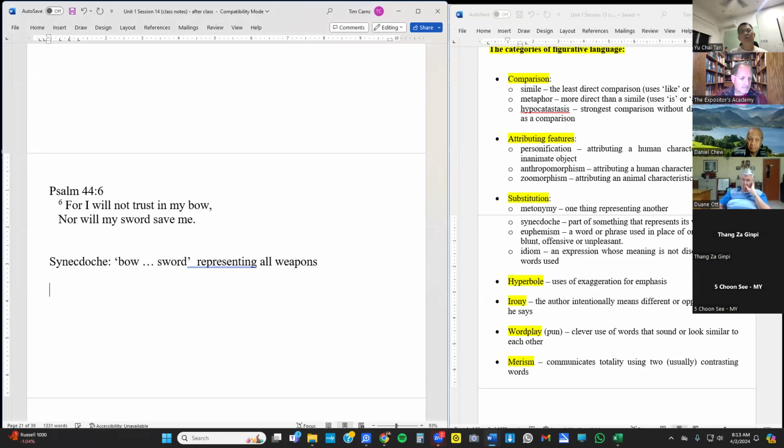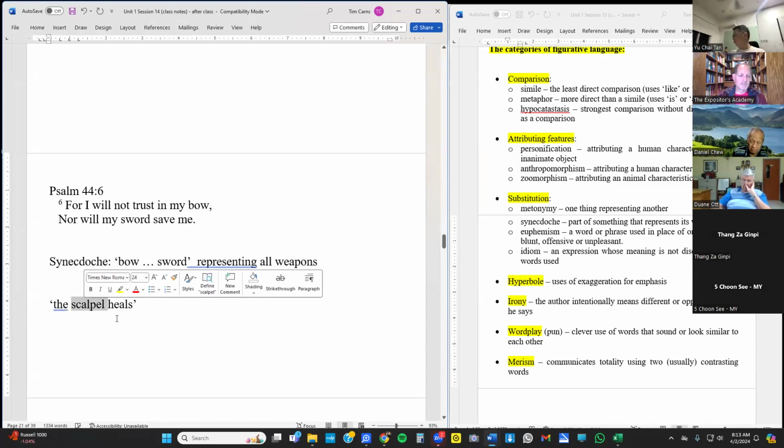For example, if we were to say the scalpel heals. A scalpel is used in surgery, right? It's not the scalpel that heals, it's the scalpel along with the doctor. It doesn't say the doctor with the scalpel heals, it just says the scalpel heals.